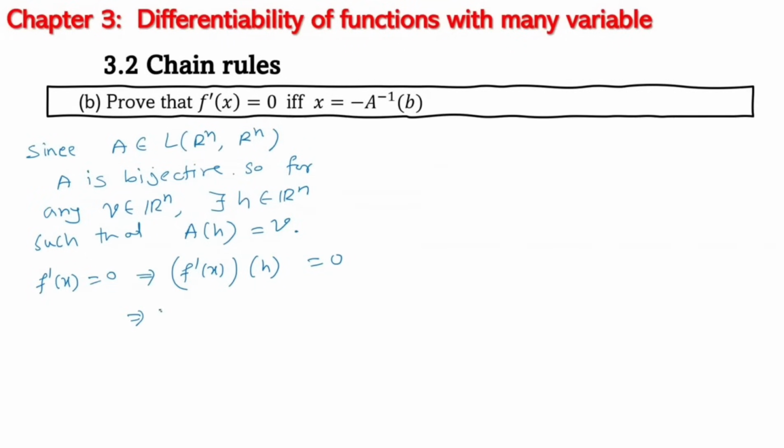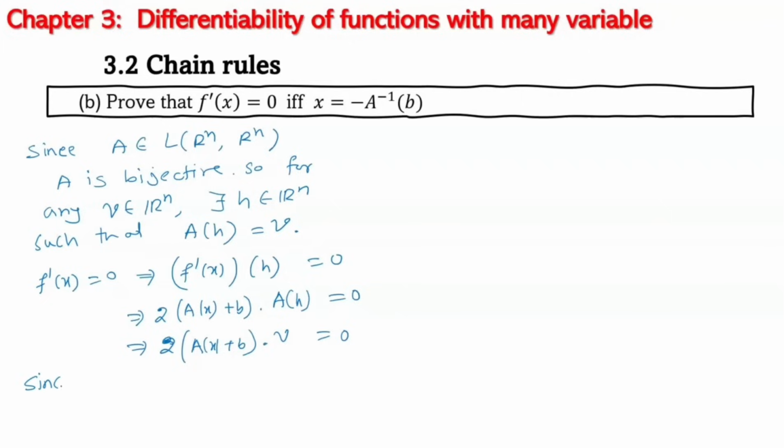So this is equal to (Ax plus b) dot Ah is equal to 0. So this implies (Ax plus b) dot v is equal to 0.